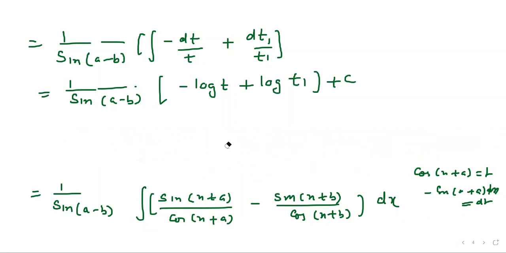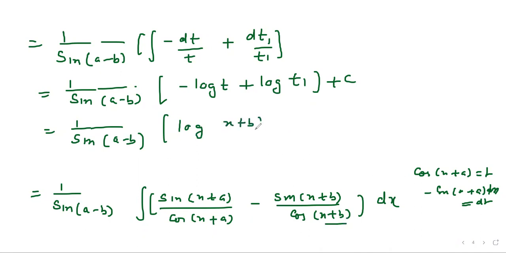So it will become 1/sin(a−b), and we can write the formula log m minus log n, which is log m/n. So log t1/t. So t1 will be cos(x+b), and t will be cos(x+a). Here we can put modulus and plus c, which will be our answer.